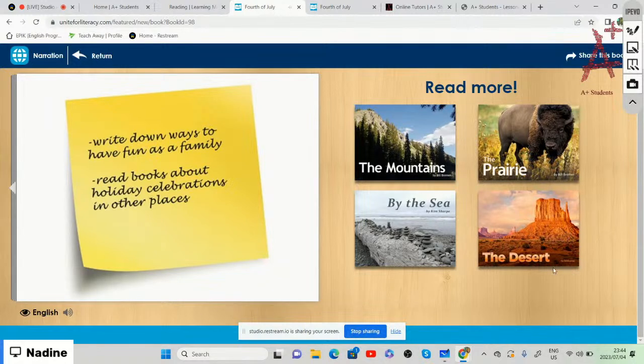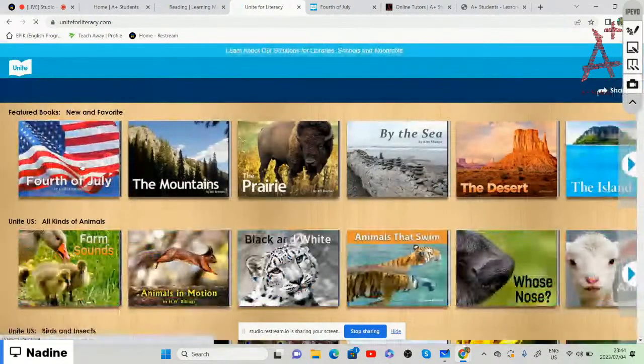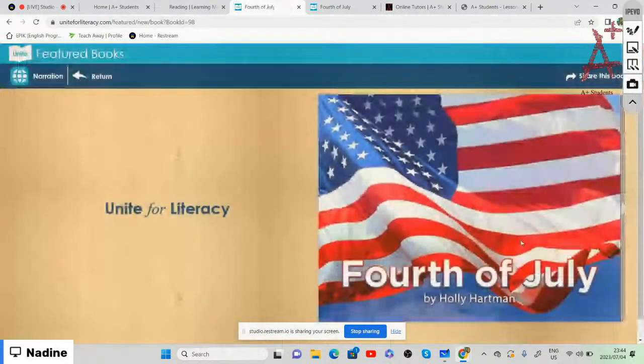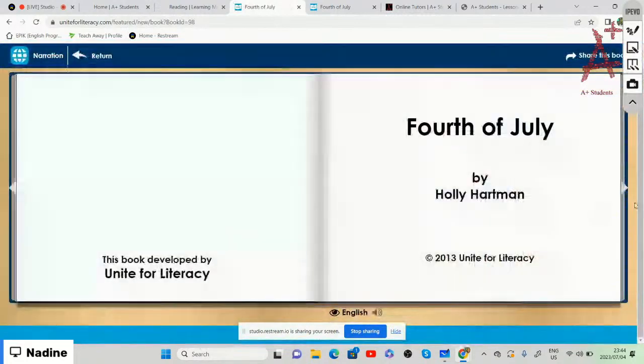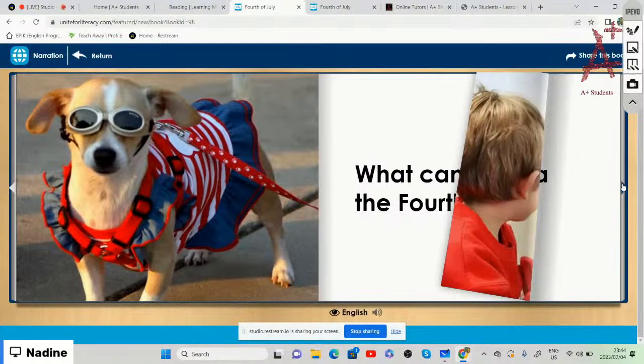All right, so that is the reading on the 4th of July. So even if we go back to the book, let me just return. On the book of the 4th of July, even without reading it, seeing that we are busy with the action verbs, let's look at this one.